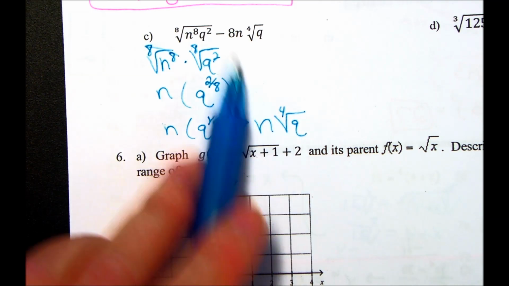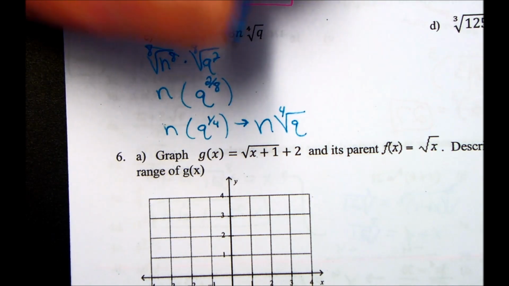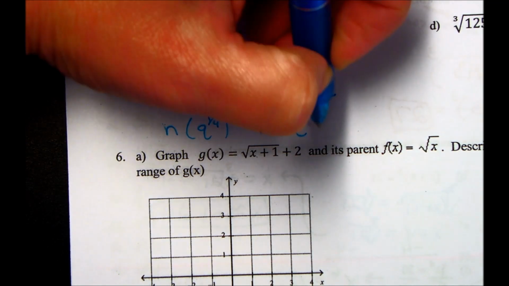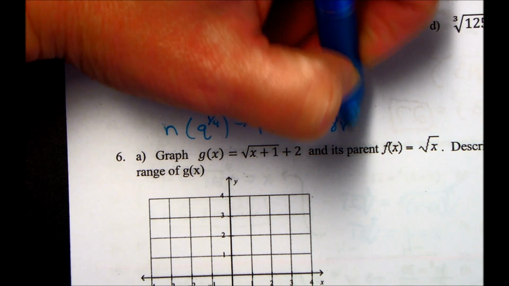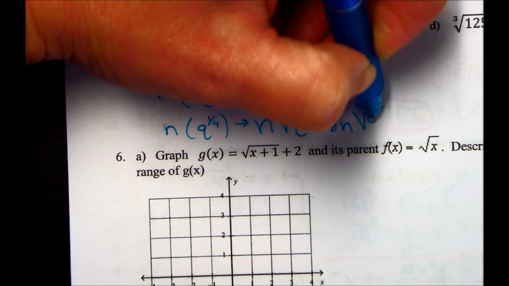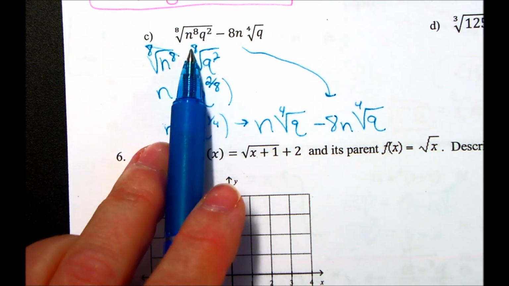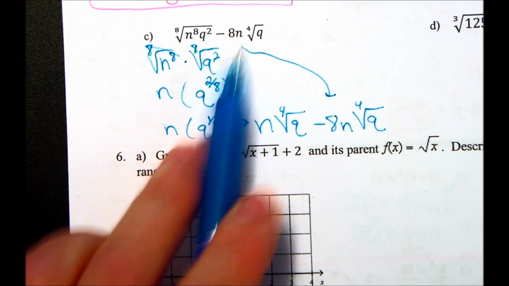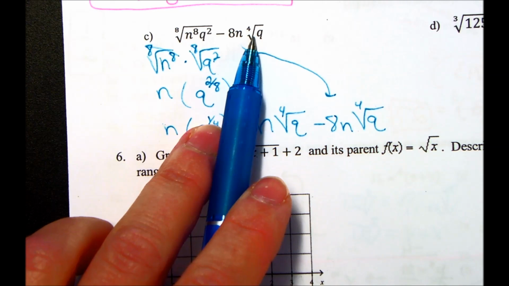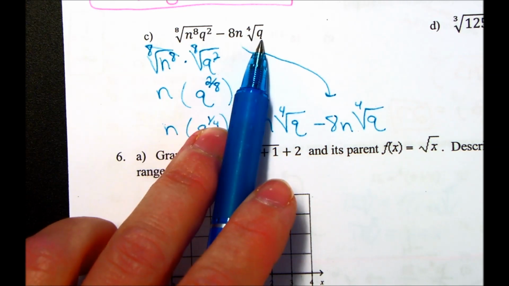So now I'm going to bring my second term down, minus 8n 4th root of q. If we had not simplified this 8th root of q squared, we would not be able to combine it with the 4th root of q here.